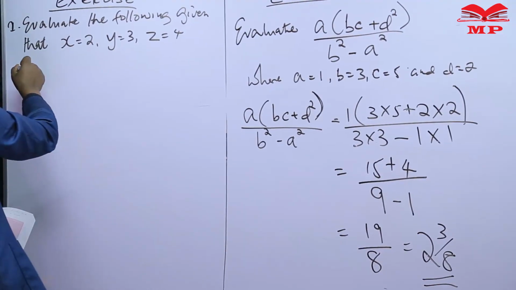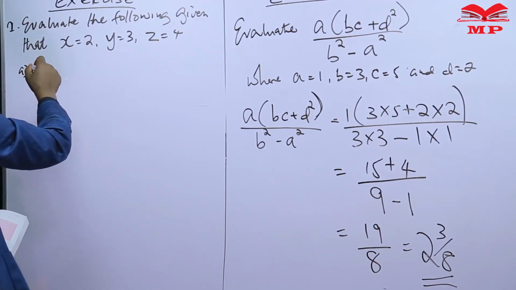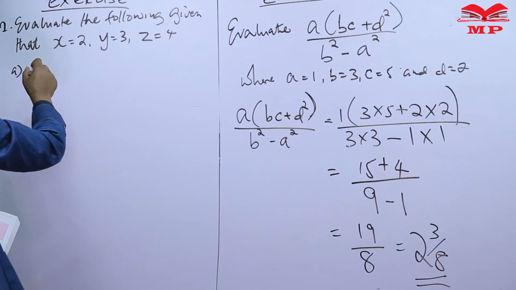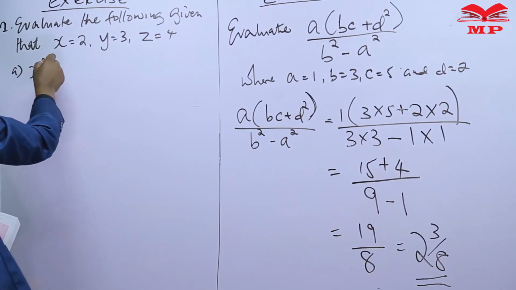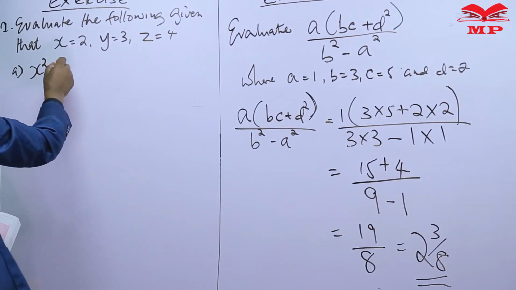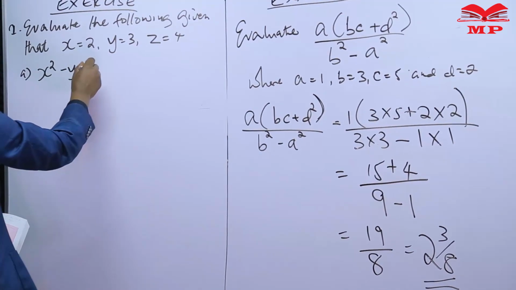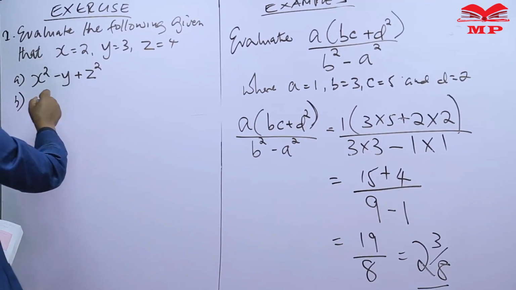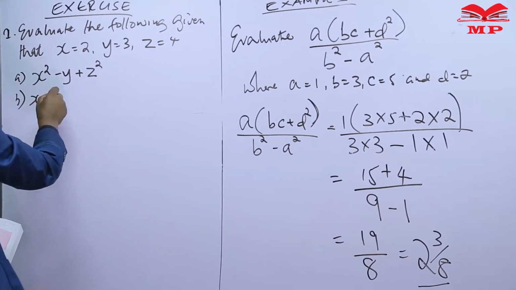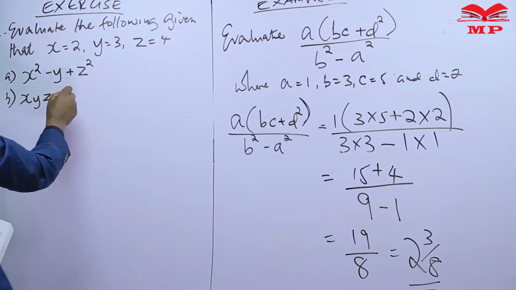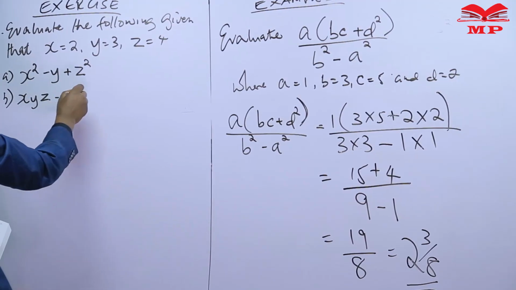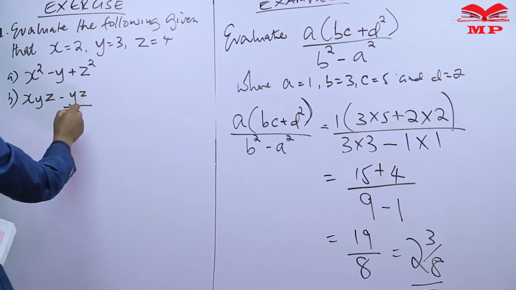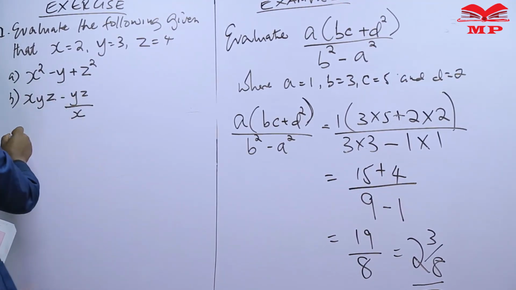A: x squared minus y plus z squared. B: xyz minus yz over x.